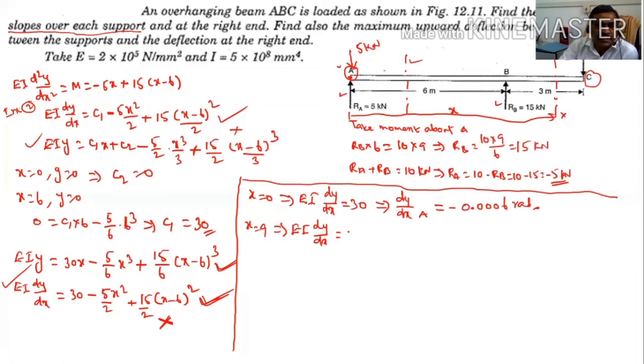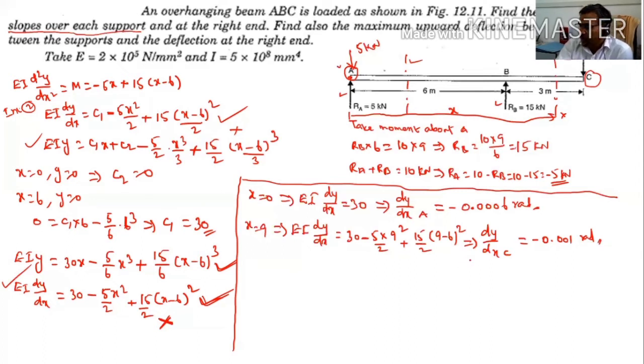If you substitute, that is 30 minus 5 into 9 square divided by 2 plus 15 into (9 minus 6) the whole square by 2, you will get slope at C is equal to minus 0.001 radians, right?